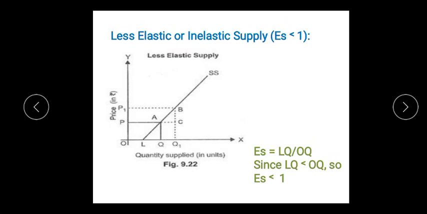And third case, when a positively sloped supply curve meets the x-axis to the right of origin, that is this supply curve, then in this case the elasticity of supply is inelastic, or we can say this is the case of inelastic or less elastic supply. That is, in this case elasticity of supply is less than 1. This type of supply curve is less flat and more steep compared to the elastic supply curve.